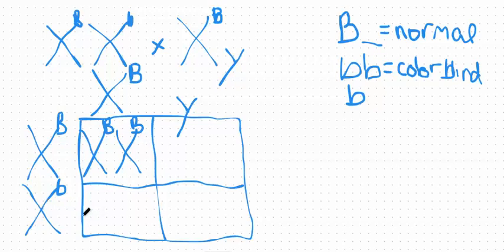If this egg fused with this sperm up top, we would have a female who is heterozygous, but she has normal vision. Sometimes we call individuals like this a carrier because she's not showing it, but she does have this gene. She would have normal vision.